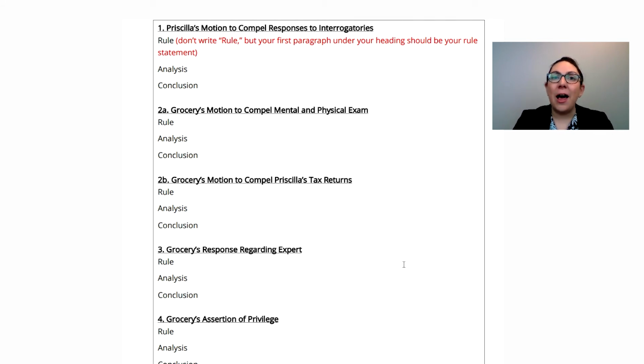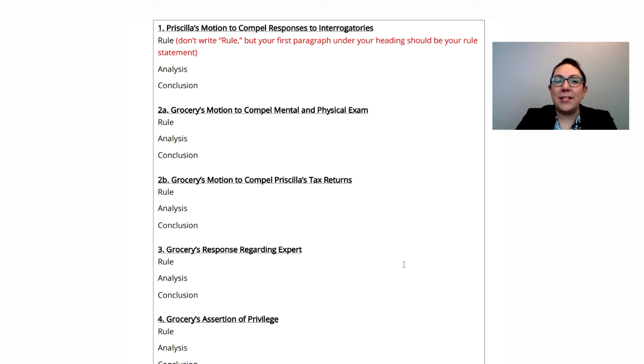So now they started out by concluding one way, and by the time you get to the end of the IRAC, they've concluded the opposite. And that looks problematic. It looks like you're confused. It looks like you're not quite sure what's going on. So you do get points for concluding your essay, but you don't get points for concluding twice, so there's really no real benefit to including a conclusion at the beginning. Just start with an issue statement at the beginning and put your conclusion at the end.